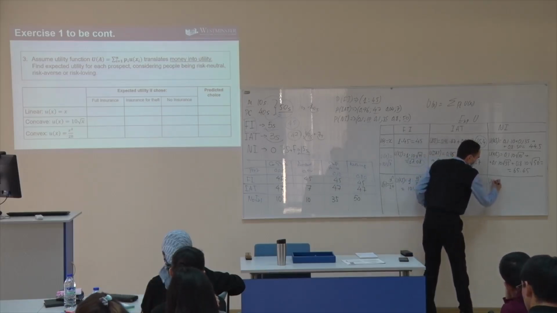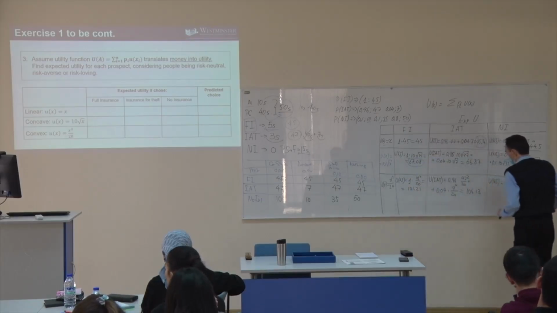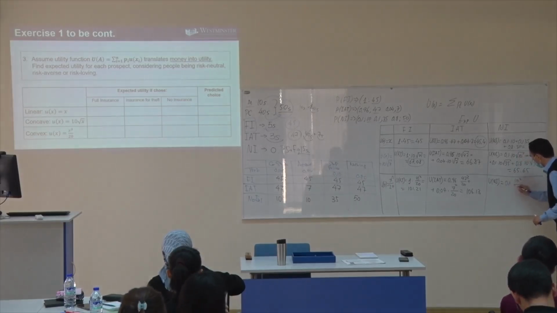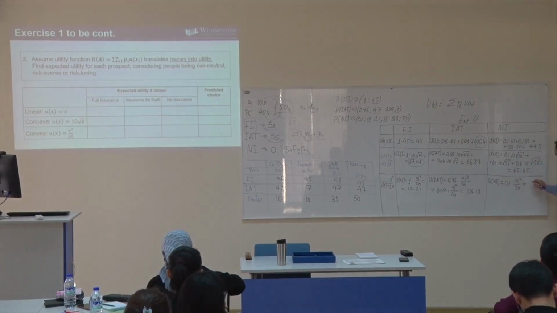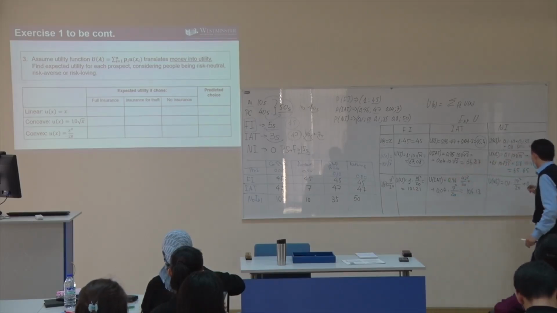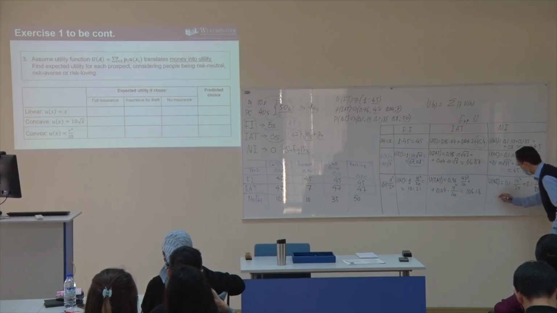In the no insurance case, if we do the calculation, there is a 10% probability of 10 squared over 20, plus another 10% probability of 35 squared over 20, plus an 80% probability of 50 squared over 20.